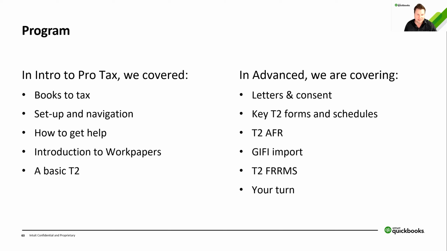We will be looking at that T2 autofill my return. Also how to do a Giphy import. And then the very, very important T2 Foreign Reporting Requirements Management System. New again, as I explained, and very important to know and to file for any foreign relationships. And then you will also have a turn to do an exercise as well.